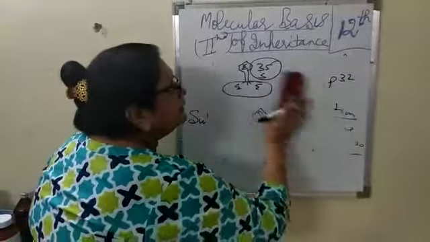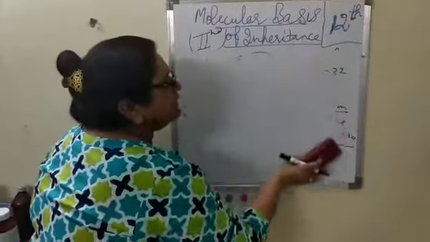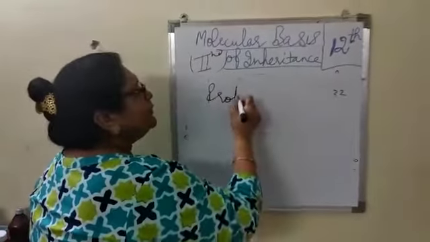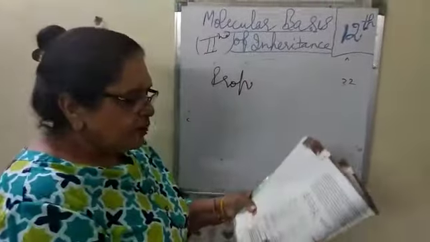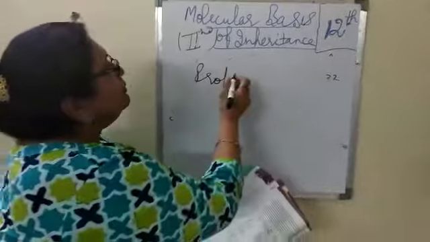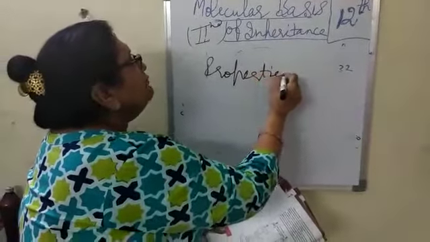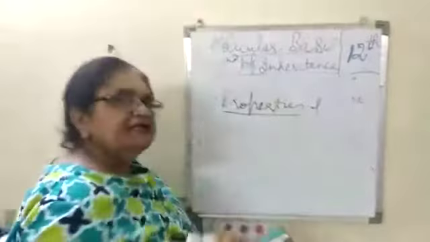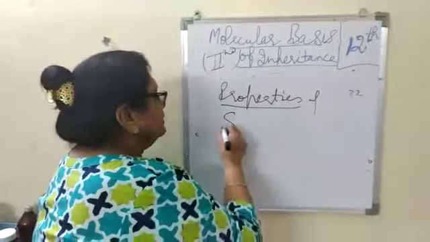The third subtopic is: what are the properties of DNA? Third step according to NCERT, properties of DNA or genetic material. The genetic material should be more stable. That is the first point.